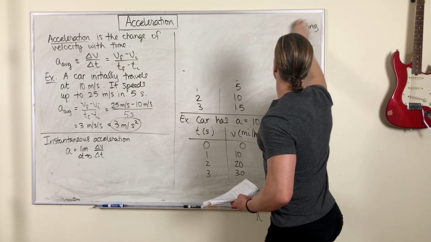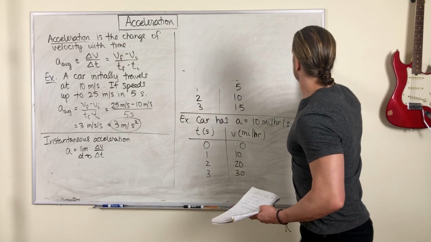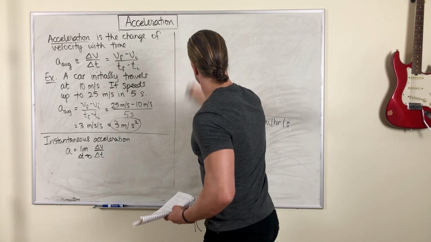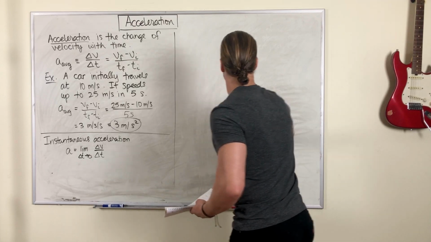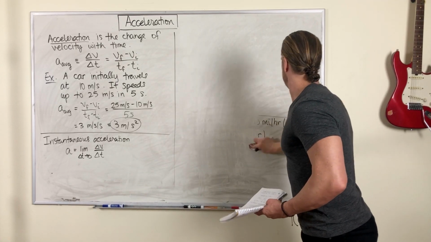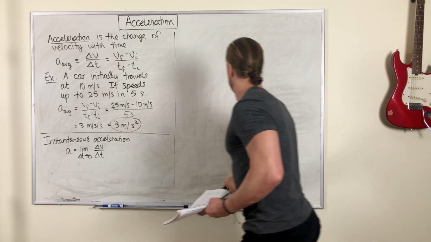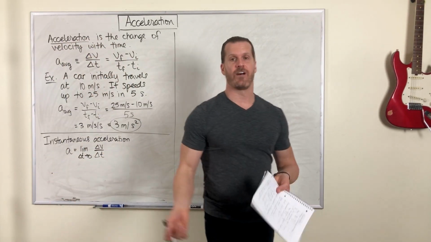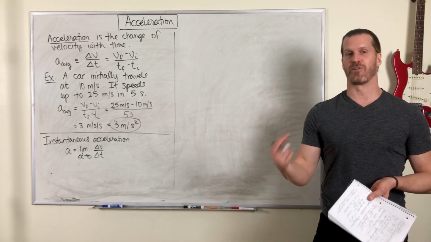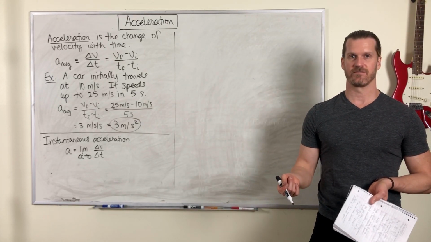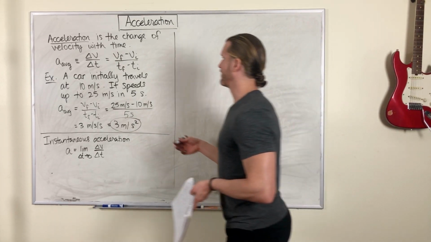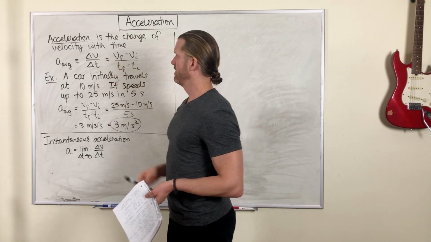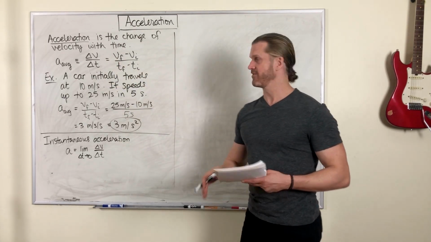Let's look at a graphical interpretation of acceleration. Remember, velocity was the slope of the position versus time graph. So acceleration is going to be the slope of the velocity versus time graph.